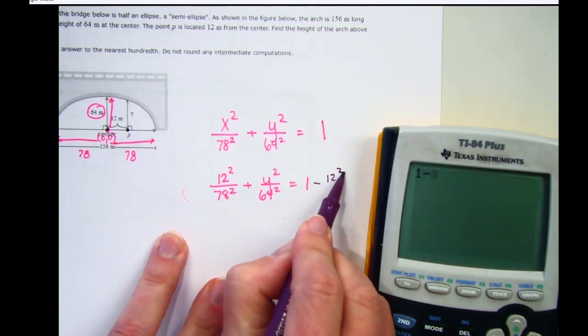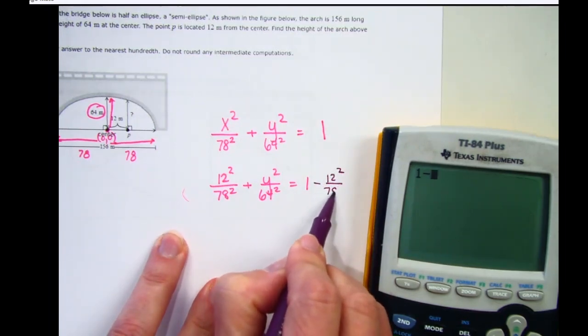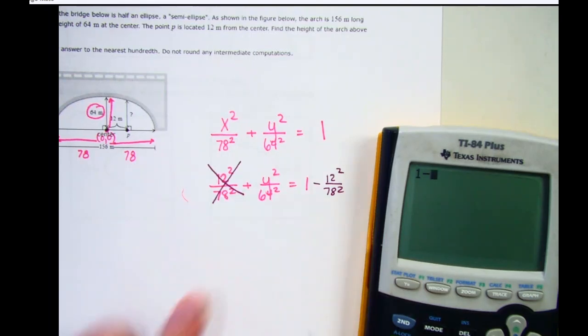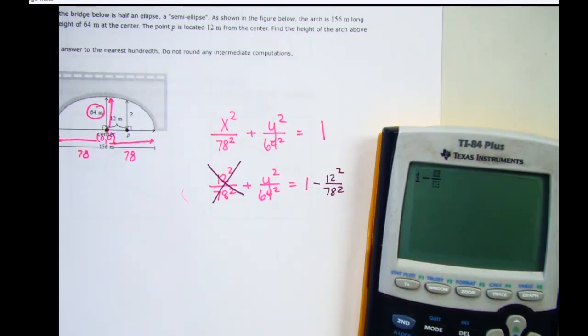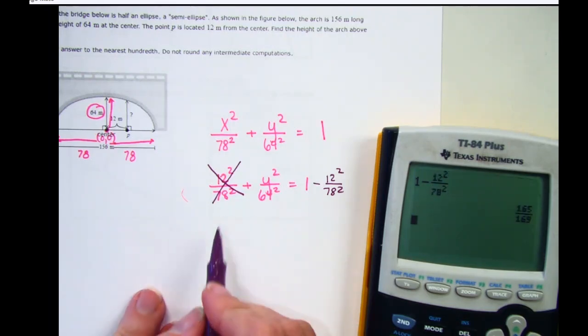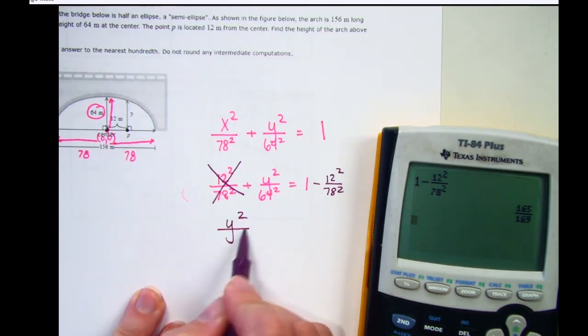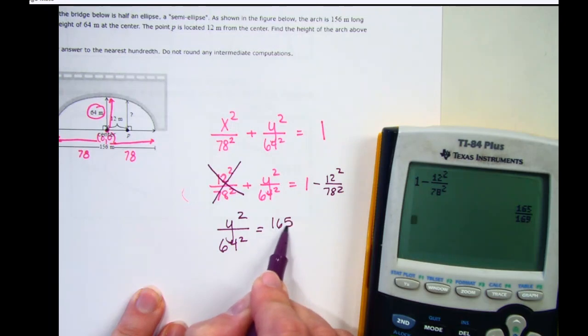Then I'm just going to be lazy and have my calculator do the work for me. So 1 minus 12 squared over 78 squared. All right, I've got y squared over 64 squared equals 165 over 169.